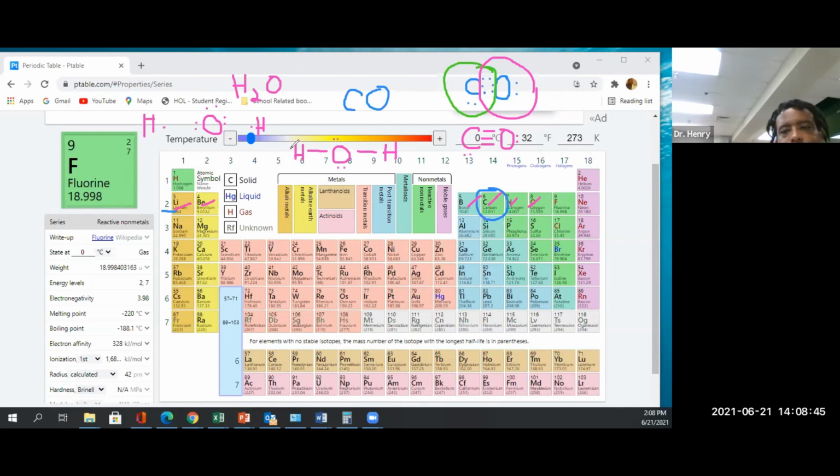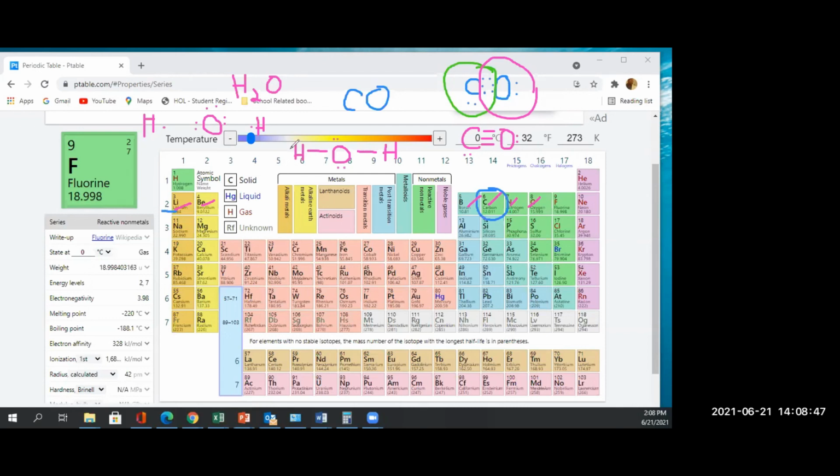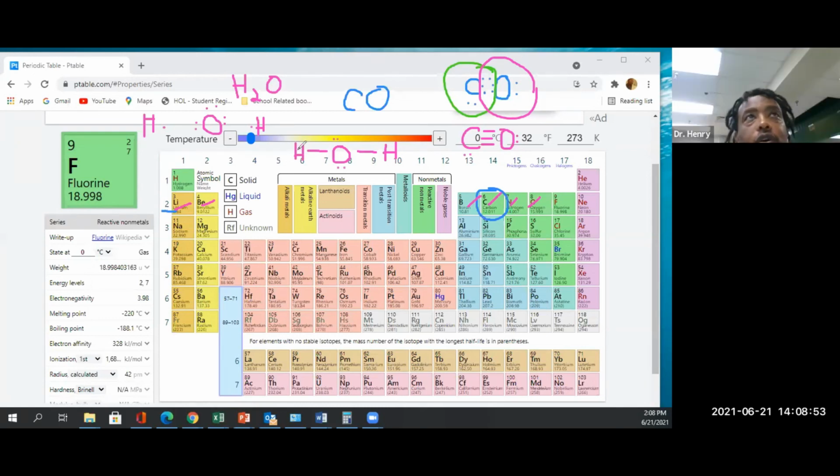Yes, no, maybe? Can you explain it again? Because now I'm a little lost. Okay. So again, we want to make sure that everybody has an octet. So this hydrogen is going to share, I'm going to put this in a different color, one electron.